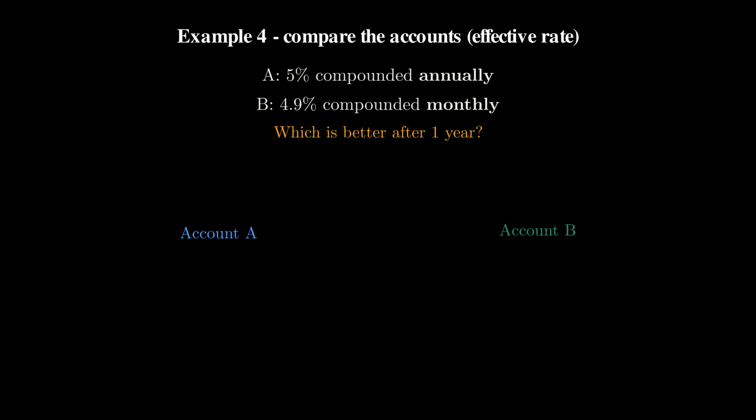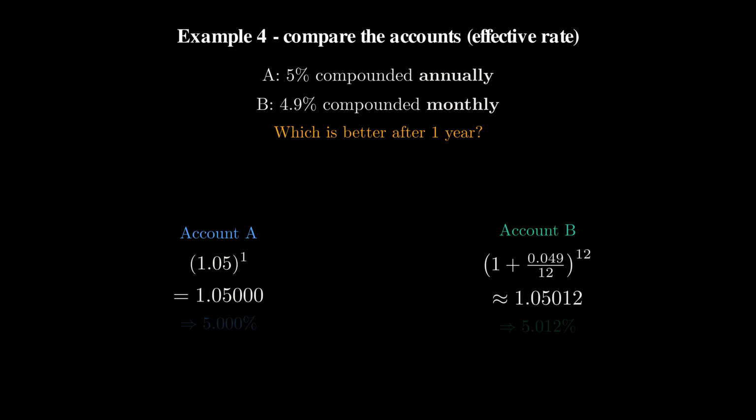Account A just multiplies by 1.05, an effective rate of exactly 5%. Account B multiplies by 1 plus 0.049 over 12, all to the 12th power, which works out to about 1.05012, an effective rate of 5.012%. 5.012 beats 5.